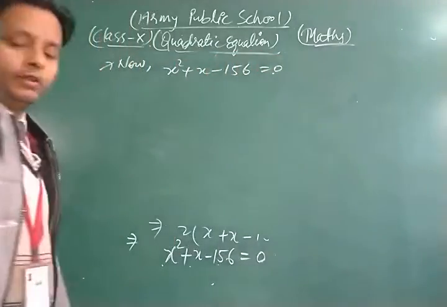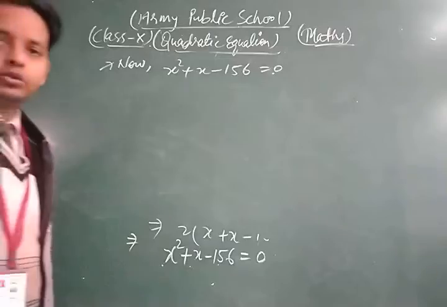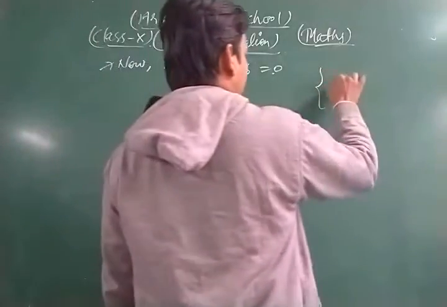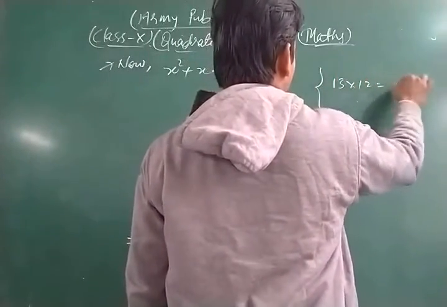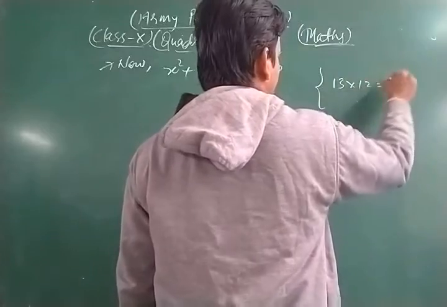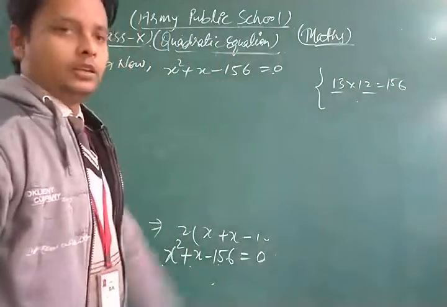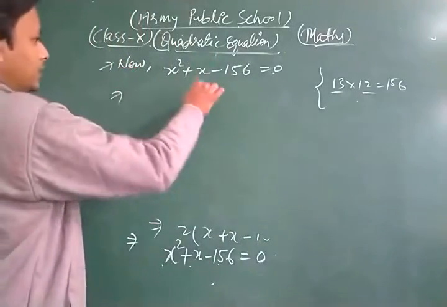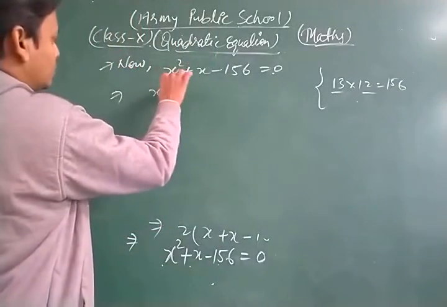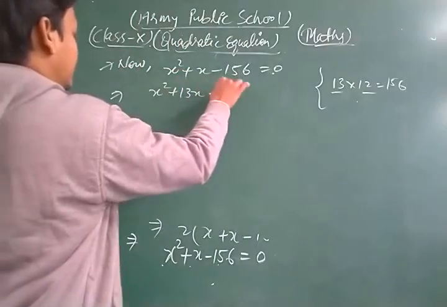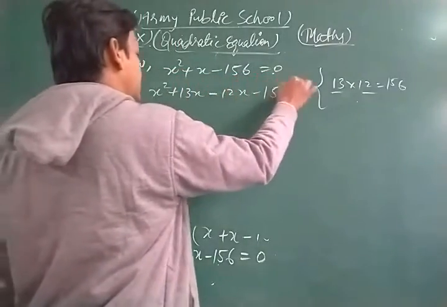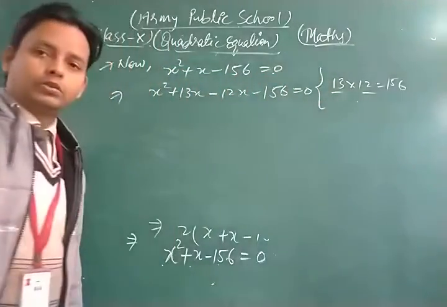Now look, we factorize 156. So 13 into 12 is 156, and 13 minus 12 is 1, the coefficient of x. So we get x square plus 13x minus 12x minus 156 is equal to 0.